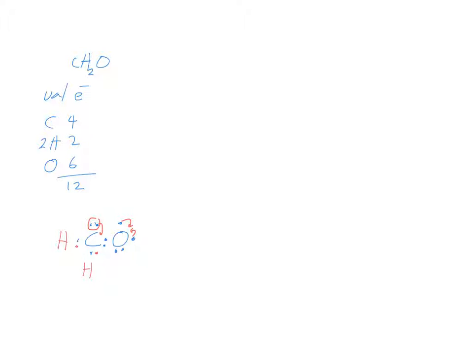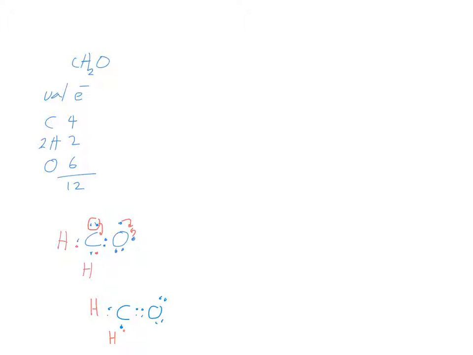So we're going to make a double bond. So I'm going to redraw this like this, and now we're going to have 2 pairs in here, an oxygen here. There's that pair. Here's the other pair, and we have our 2 hydrogens.